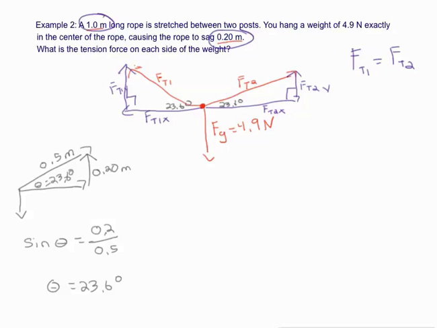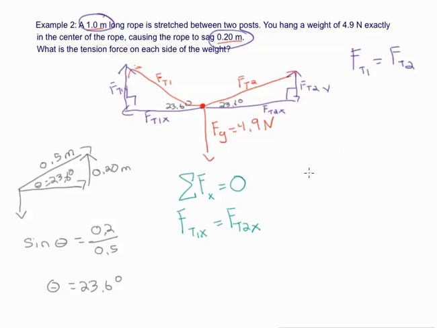So now we can go back and start talking about equilibrium. Because the weight is hanging motionless, the sum of the forces in the x direction is equal to 0. This means that our two x components equal each other, which we knew anyways because we knew that the two triangles were the same.